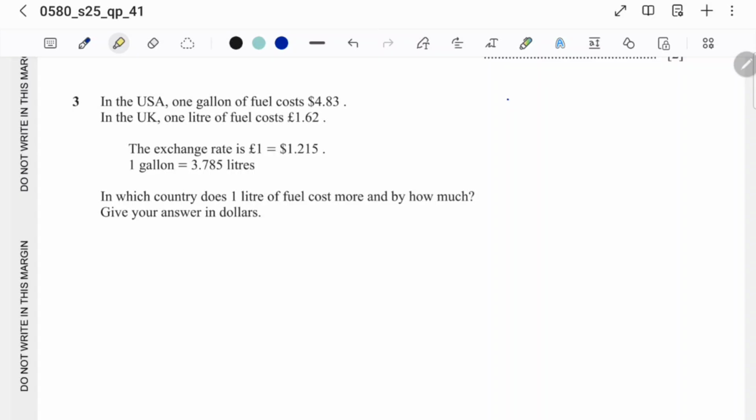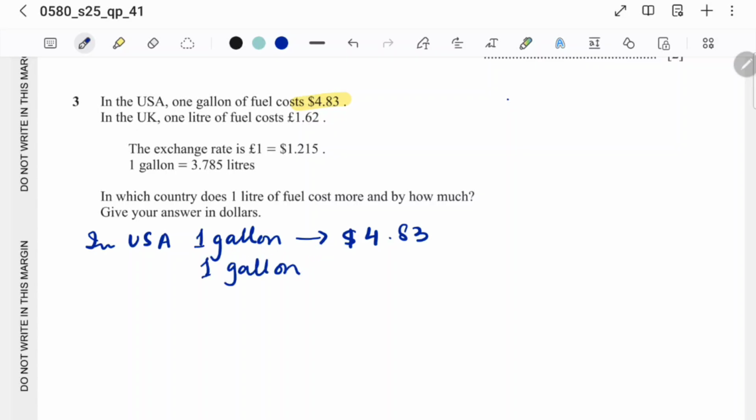So first of all, we know that in the USA 1 gallon is $4.83, and we know that 1 gallon is equal to 3.785 liters. I've used the calculator to save time.